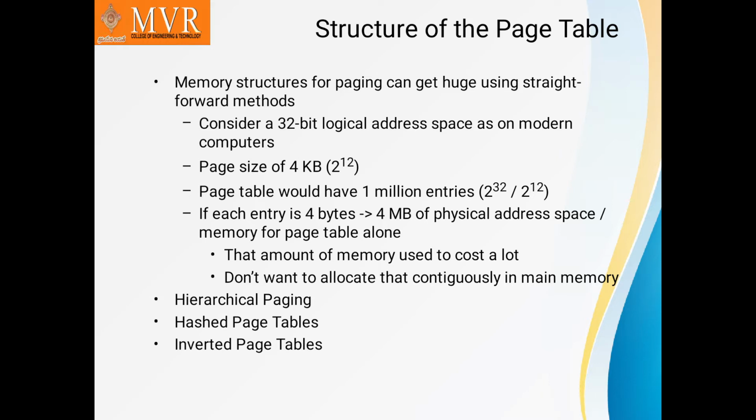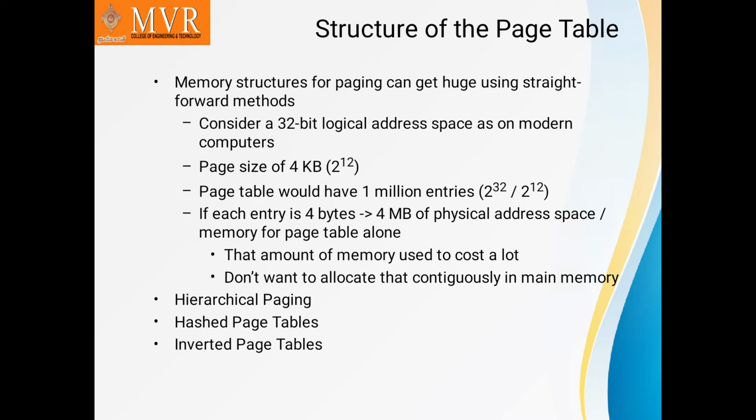The page table would have 1 million entries, 2 to the power of 32 divided by 2 to the power of 12. If each entry is 4 bytes, that is 4 MB of physical memory for the page table alone. That amount of memory is costly.